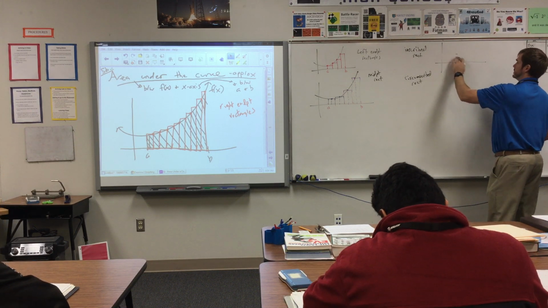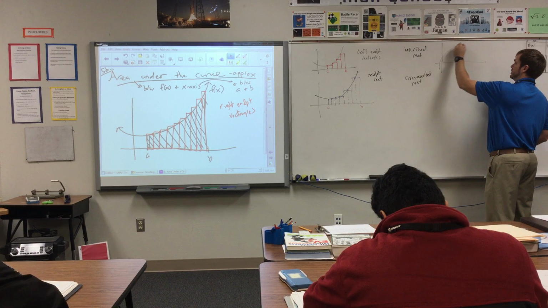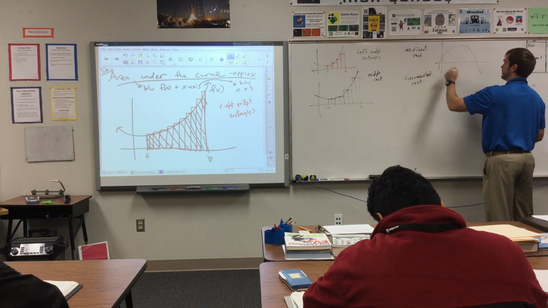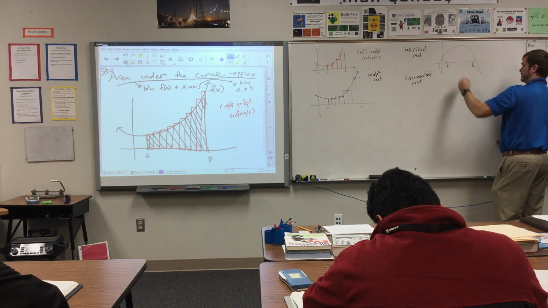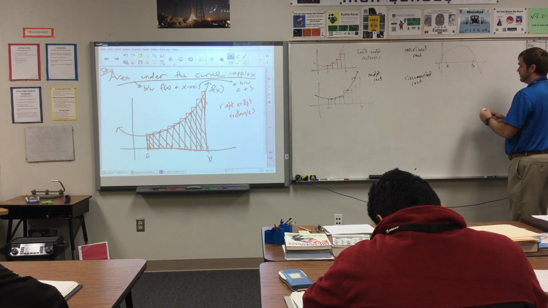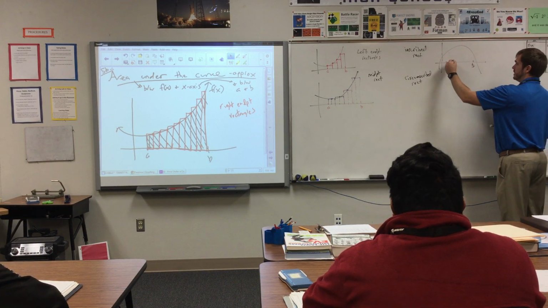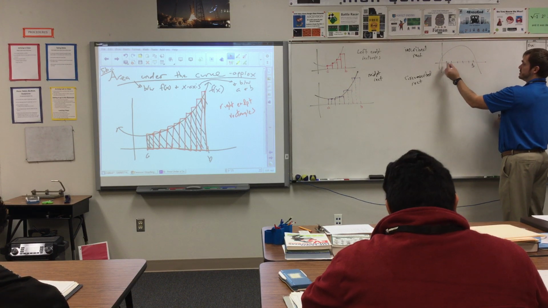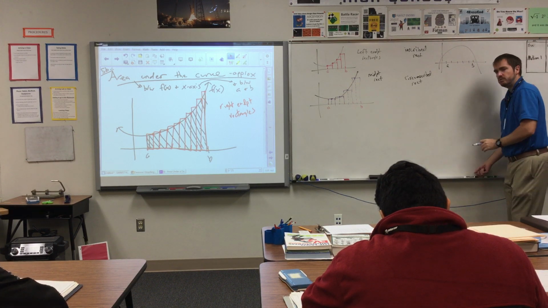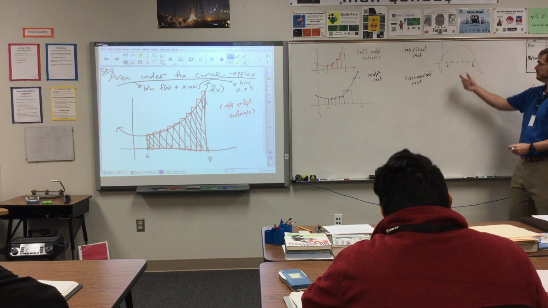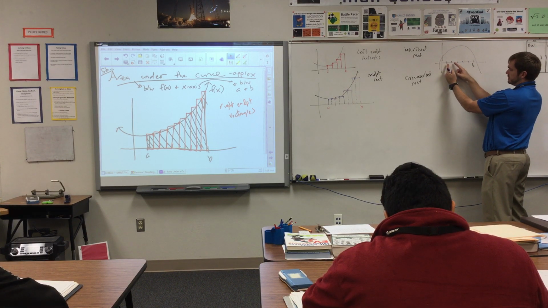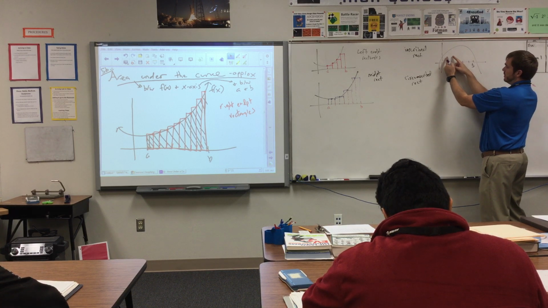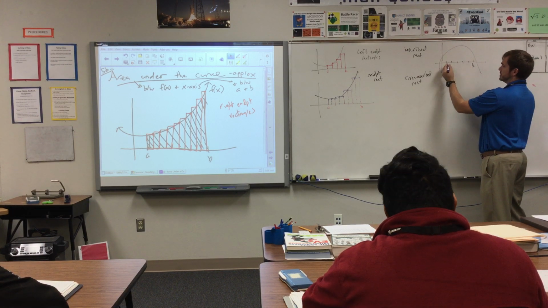I'm going to draw a different function here, something like that. Inscribed, you have to kind of deal with it on a rectangle by rectangle basis. You look at the two endpoints and you say, if I go up, which one of these is going to hit the function first?